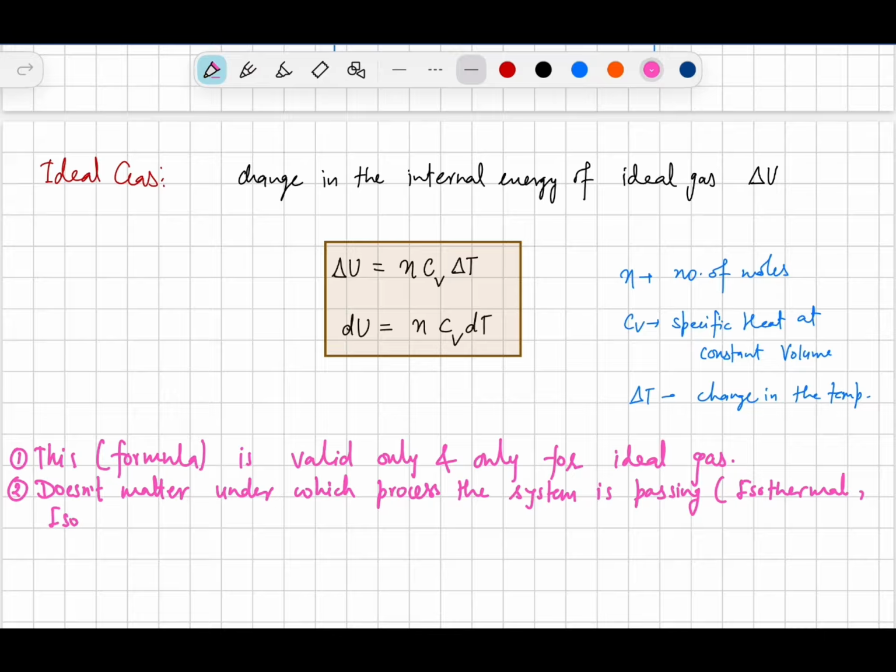Isothermal, isobaric, etc. Any process, it doesn't matter. This formula is still valid.